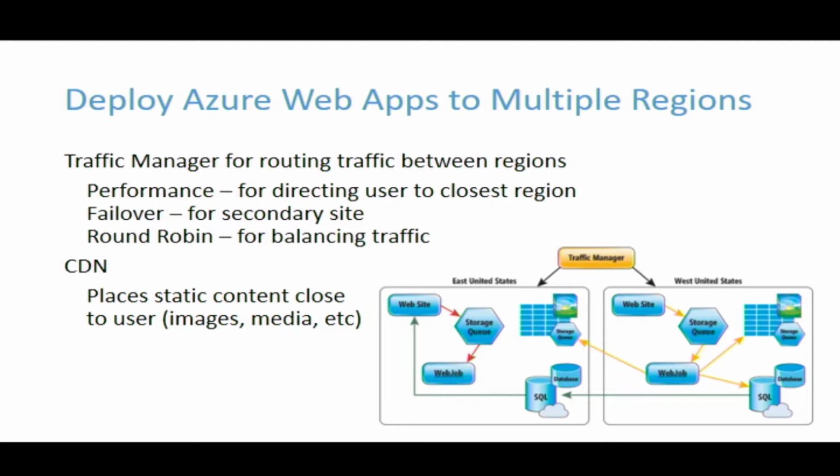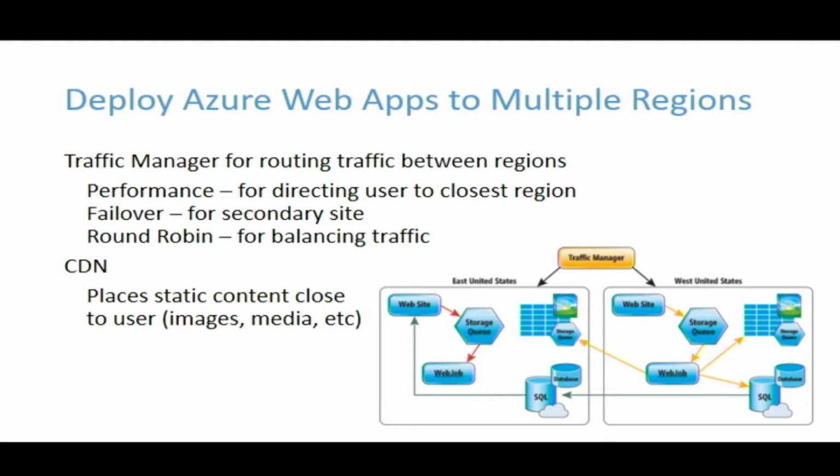So this is where you want to look at the slides for Traffic Manager that some of the speakers have discussed. We're pretty sure that these are the three that would be on the exam. The performance, failover, round robin, those are the three ways to choose what Traffic Manager should do with the traffic.